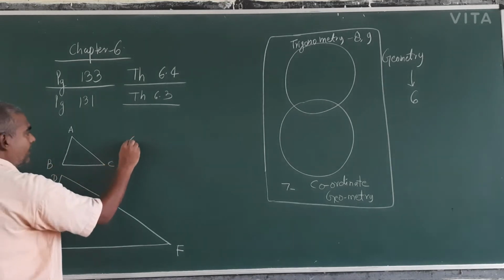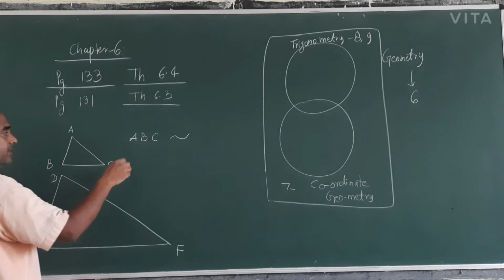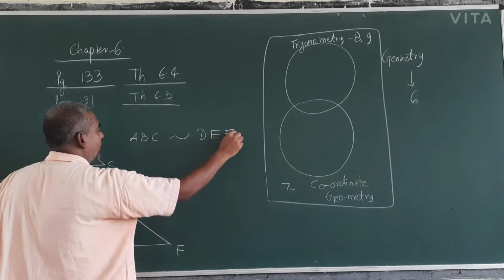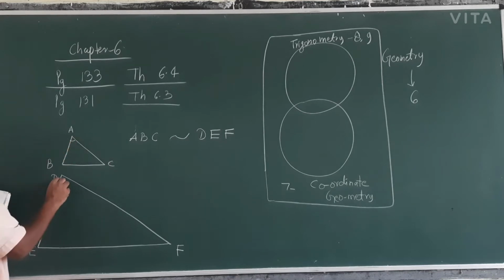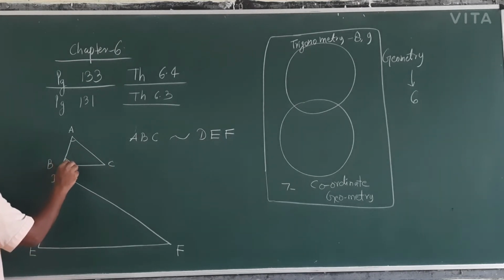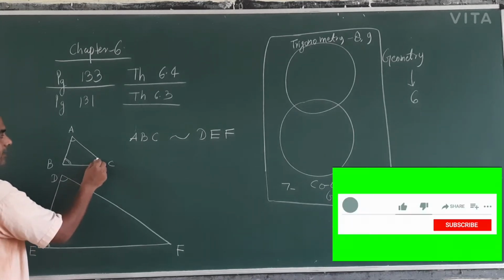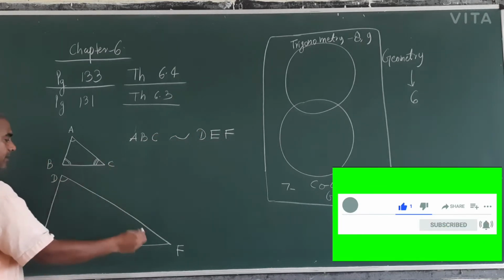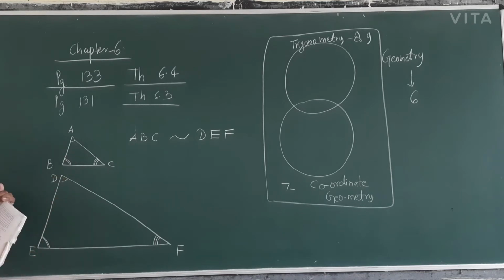Triangle ABC is similar to triangle DEF, means A corresponds to D, means angle A equals angle D, angle B equals angle E. I have marked this twice, this is equal to this, and angle C is equal to angle F, which I have marked three times. So all the 3 angles are equal.